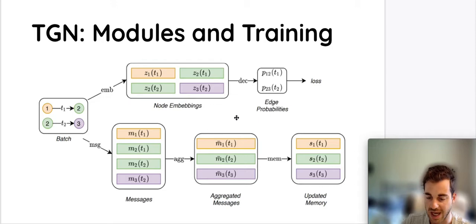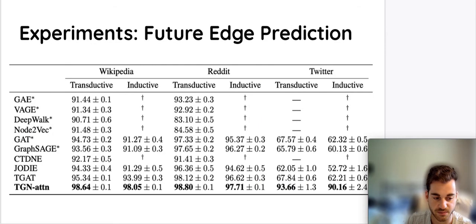Then we get one single aggregated message for each node, and we use another module, which we call the memory updater, which takes the previous memory and updates it using the new aggregated messages. This brings the memory up to date using the latest information.